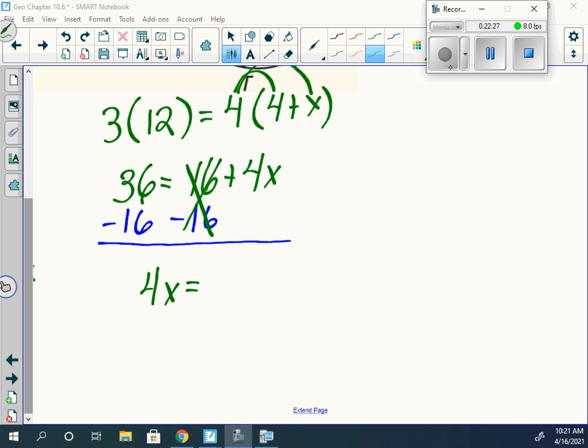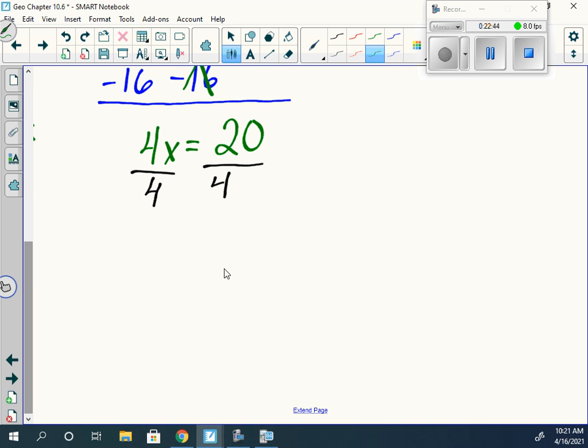So when we do the subtraction here, 36 minus 16 would give us 20. And last but not least, we would divide both sides by 4, telling us x is equal to 5.